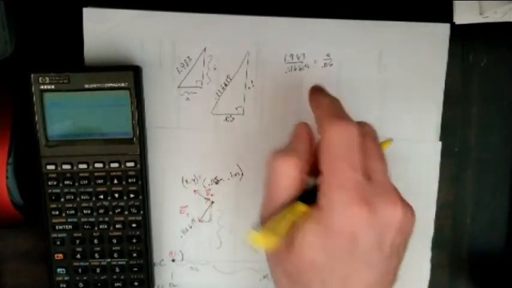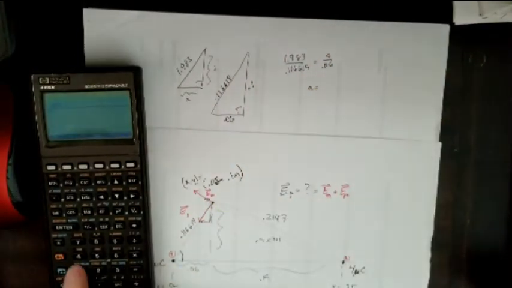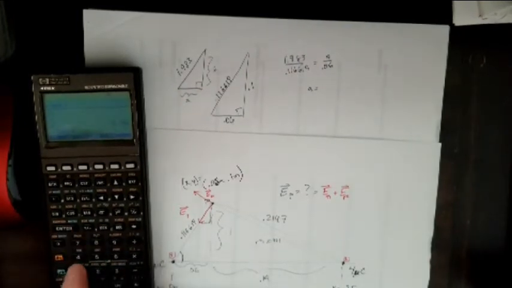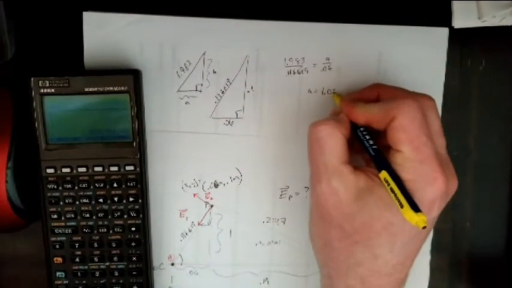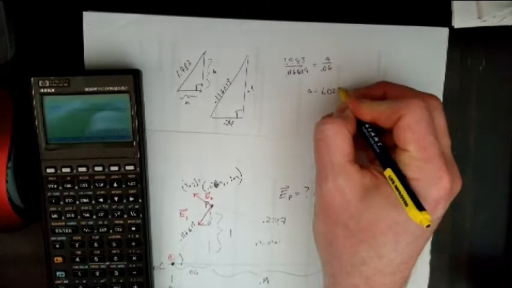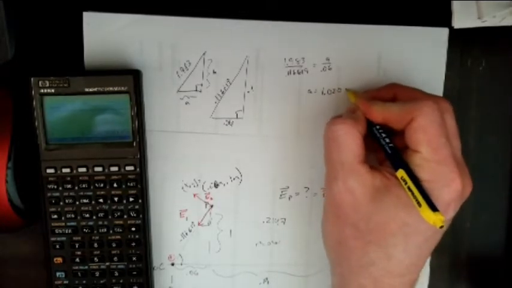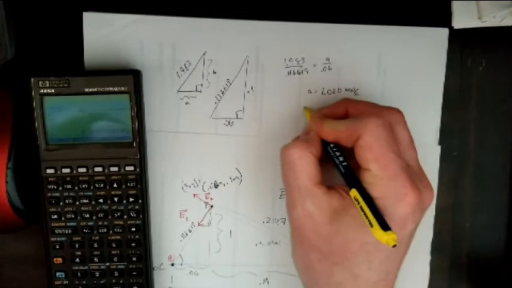So if I do that division times 0.06, I get A. So 1.983, 0.116619 divided by 0.06 times. And so A is 1.02 mega newtons per coulomb.